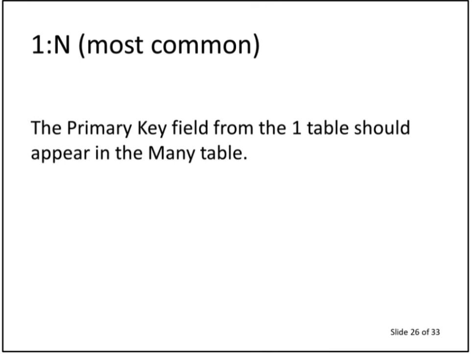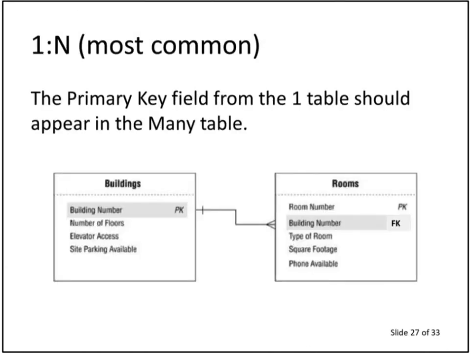In the one-to-many relationship, the primary key field from one table should appear in the many table as a foreign key. Here's an example. We have two entities, buildings and rooms. We've determined that it's a one-to-many relationship. One building can have many rooms, and for one room, there's only one building.